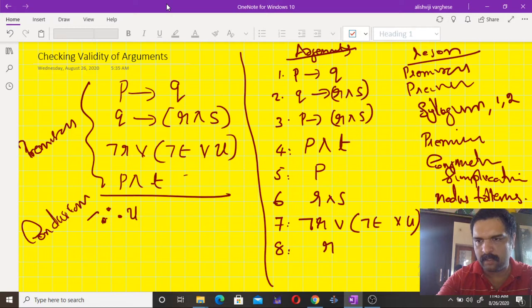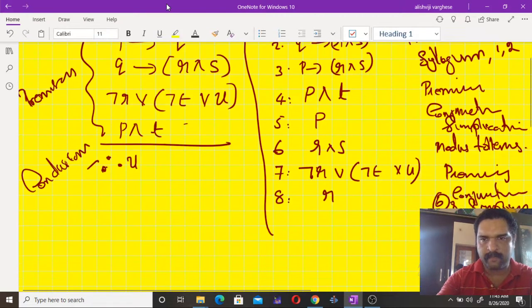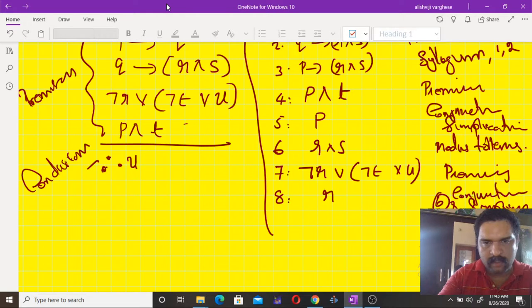So it is conjunctive simplification, obtained from statement 6. Next step: since R is true, negation R is false. So if we combine statements 7 and 8, then obviously negation T or U is true.